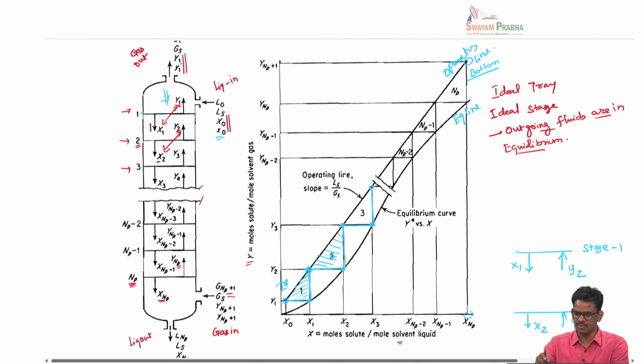You continue this operation, and when you reach the top of this line, the composition corresponding to the bottom would be your NP. So this method is very simple. All you need to know is the equilibrium line and the operating line, which you get by doing a mole balance, and then you can do this staircase construction to get the number of equilibrium stages.